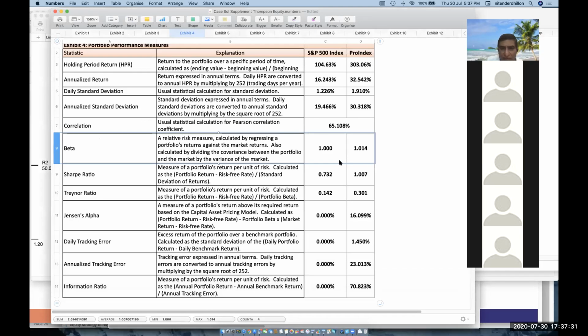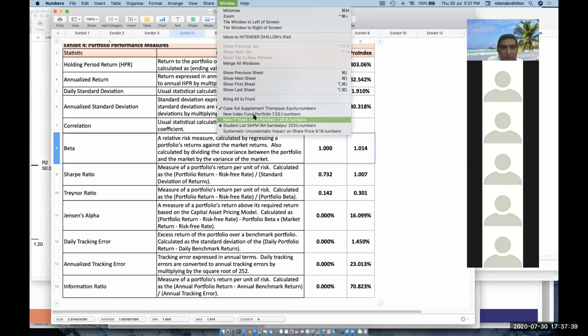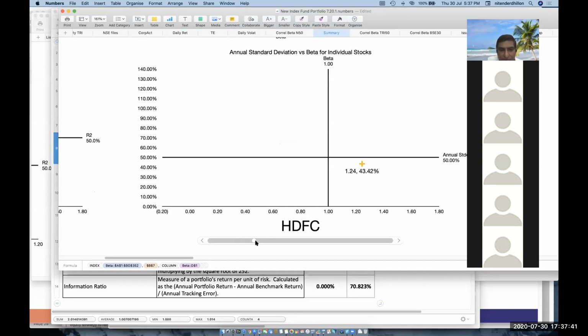So if you just come back, sorry, I'll look at that later. Sorry, let me show you. Tata Steel is on the higher side, I think. Vedanta and Tata Steel. Vedanta 1.29.